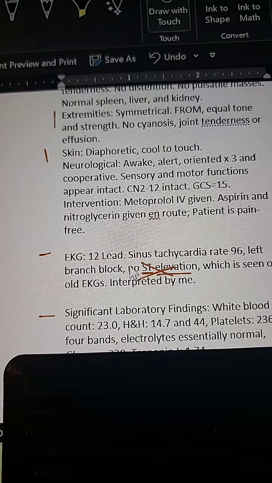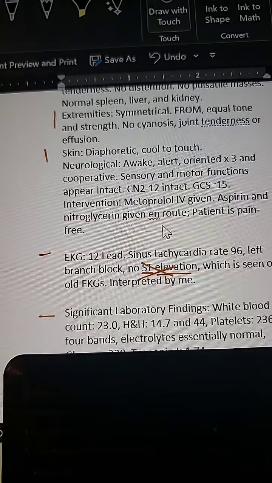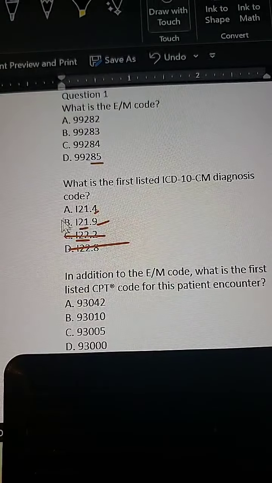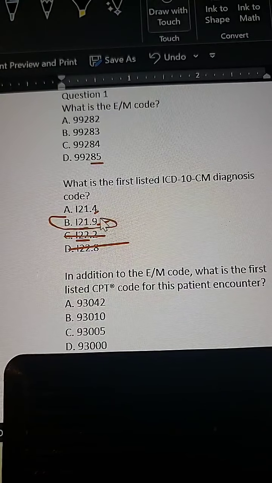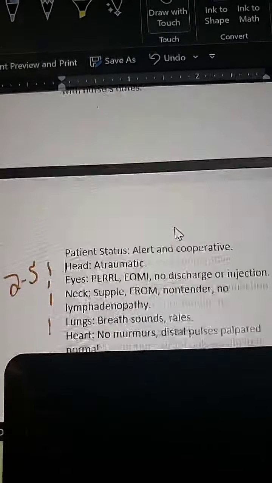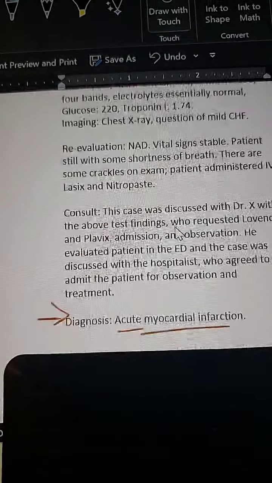If they had yes to ST elevation, then that would have made it the 4. But it's just the 9, unspecified, because of that. Plus the doctor didn't say anything about ST elevation.